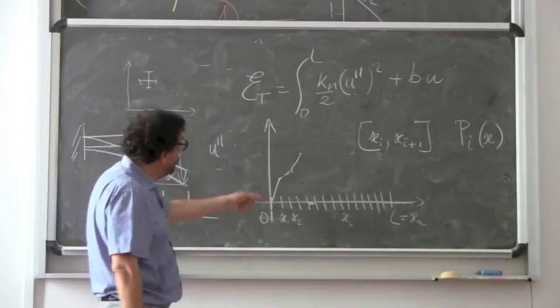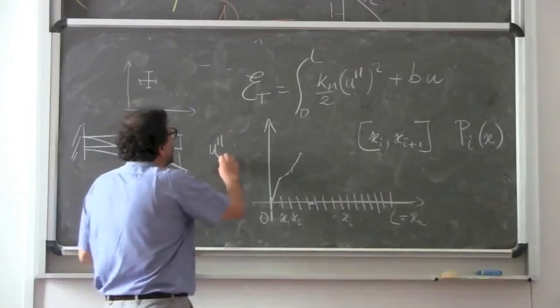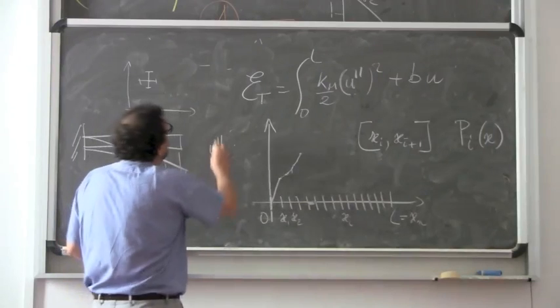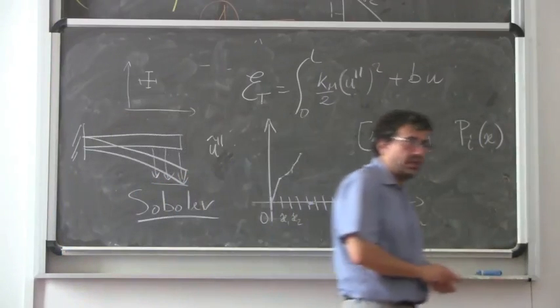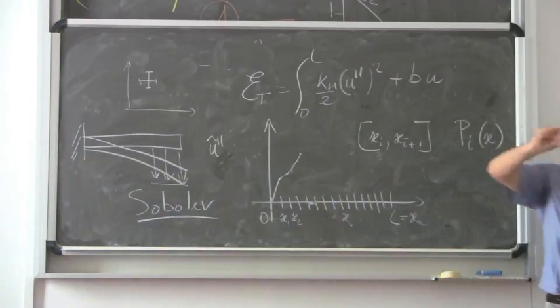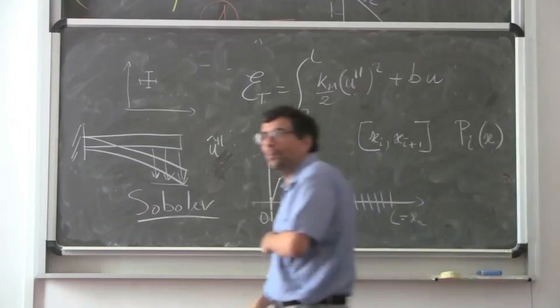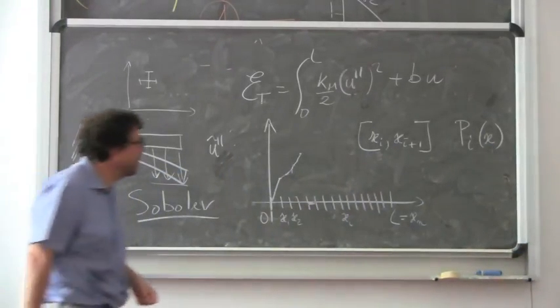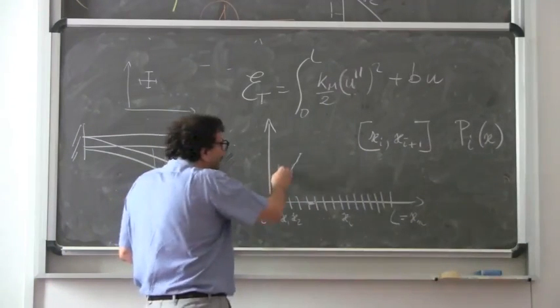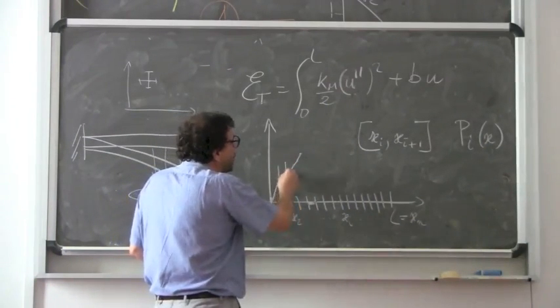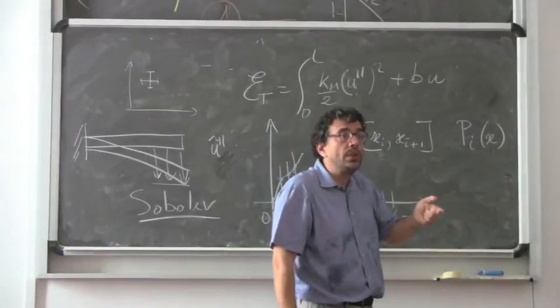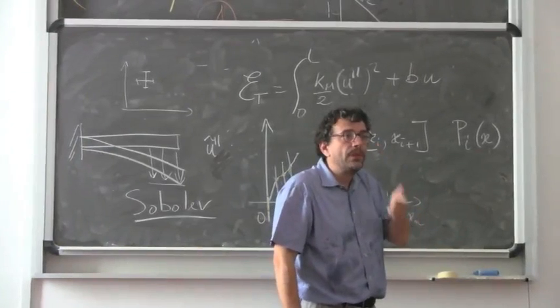So you assume that the approximation of u second, let's call it u second theta, is given by a piecewise linear function, but this is only for telling something. Okay? Why do I want to give you an example? Because I want to underline that these polynomials have some free coefficients.